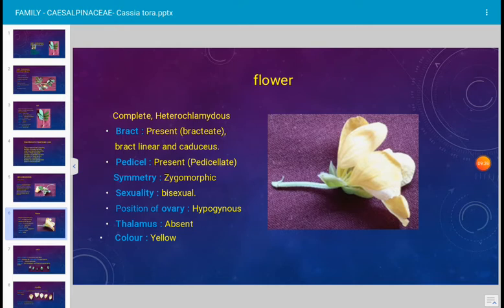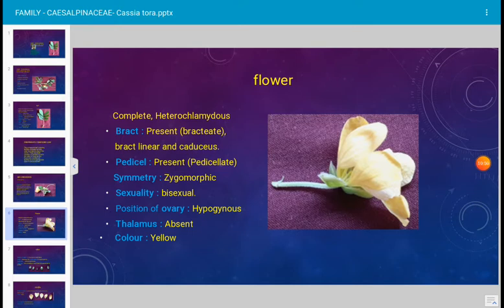Bi means two. How is the position of the ovary? Hypogynous ovary. Hypogynous means the ovary is superior. It is called a superior ovary because the calyx lobes, that is sepals, petals, and stamens, originate or grow from the base of the ovary.